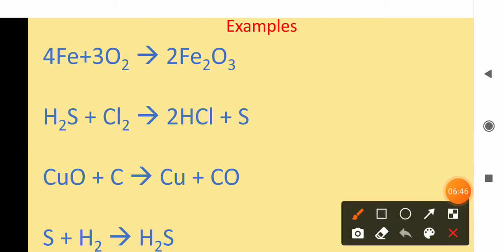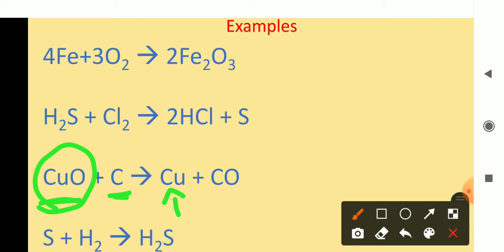Then come to reaction number 3. Here, what is taken? Cupric oxide, CuO. When cupric oxide is allowed to react with carbon, this cupric oxide is converted into Cu, elemental copper. So from CuO, what is removed? Oxygen is removed.